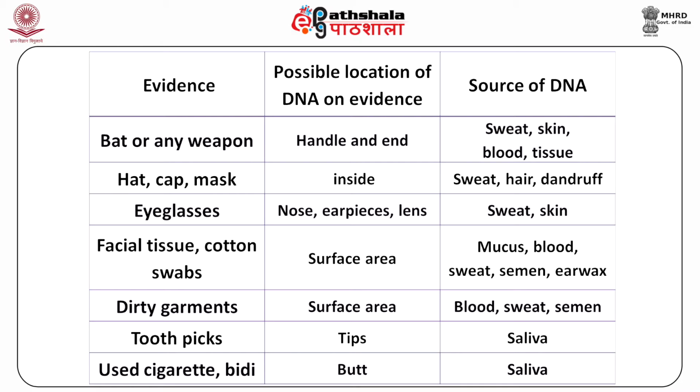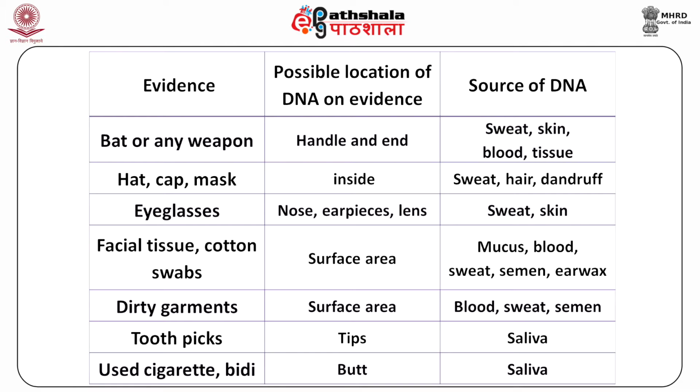To explain that, suppose the evidence is a bat or any other weapon. The possibility of finding DNA is on the handle and at the ends, and the source of DNA shall be sweat, skin, blood or any other tissue.